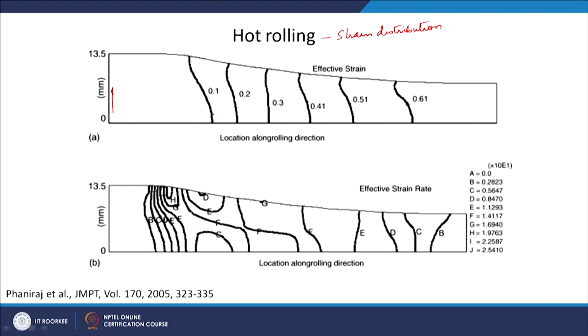This is some work I have taken from the Journal of Material Processing Technology. Basically, what they are trying to show here is the strain distribution at different stages during the rolling.